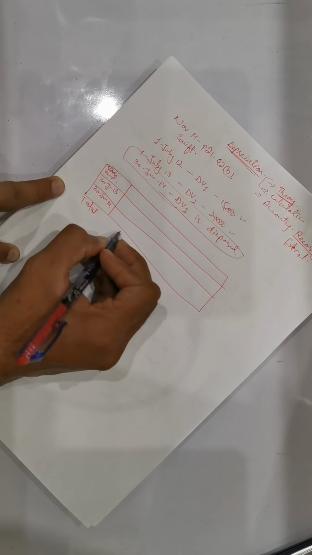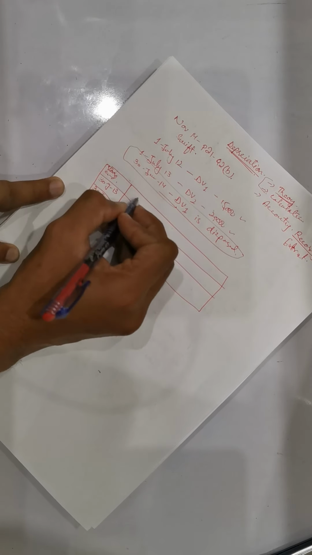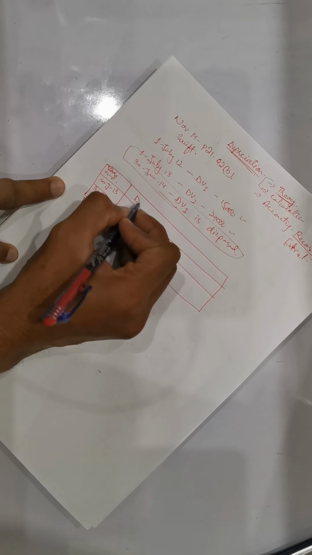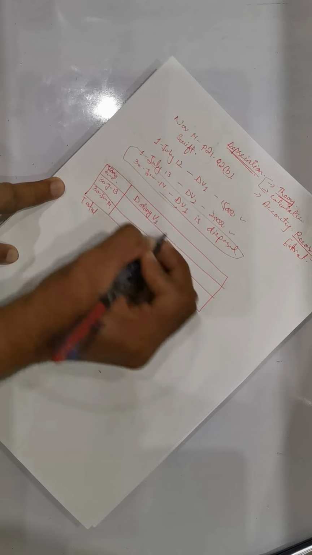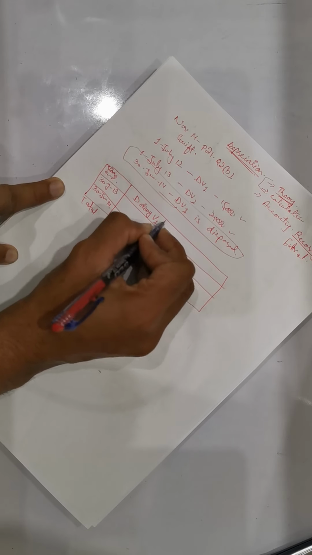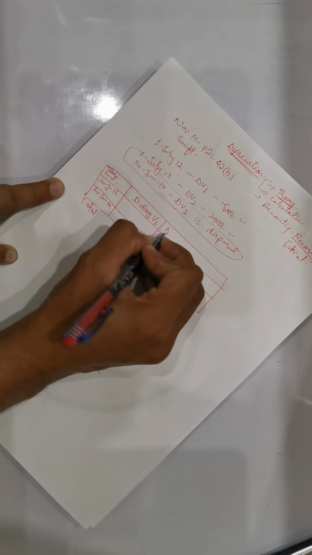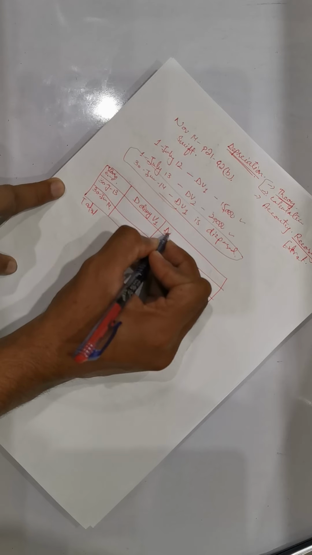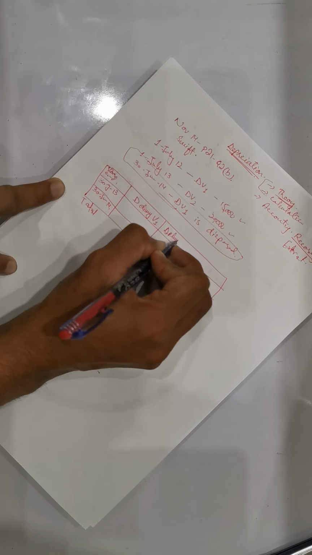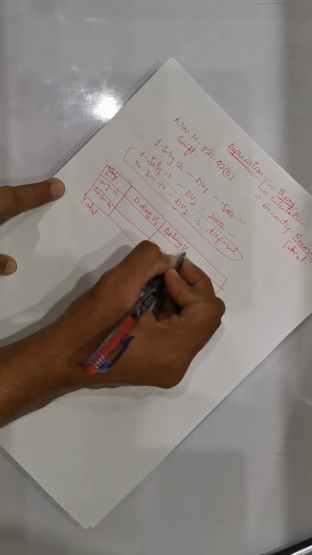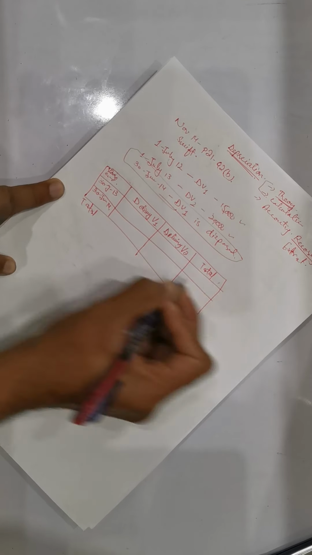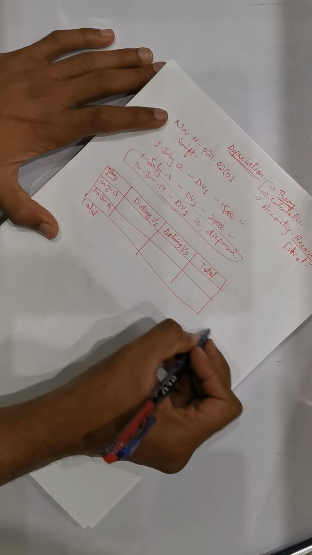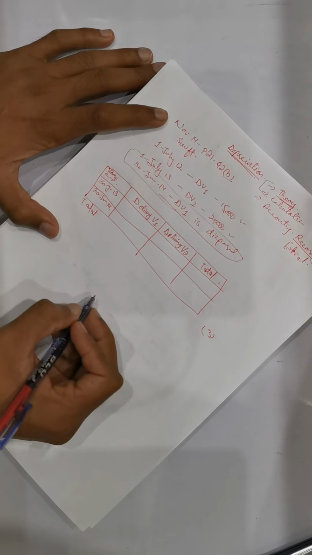Apologies for not being so straight. We have DV1, delivery vehicle 1, and then delivery vehicle 2, and then we have total. This is the table. The table is for 3 marks and we need to fill this up.